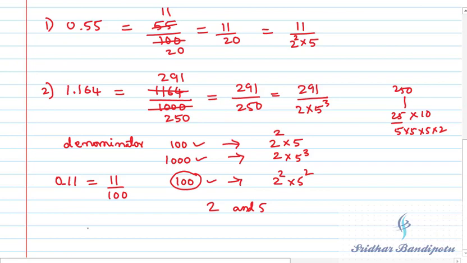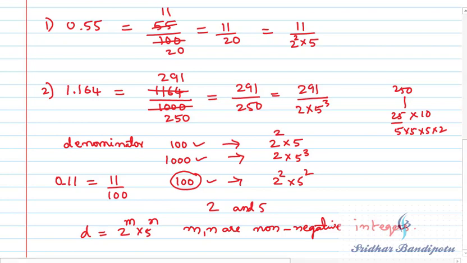Okay, so that's why we can write one condition here. If the denominator is in the form of 2 to the power of m into 5 to the power of n, where m and n are non-negative integers, then definitely the rational number has a terminating decimal expansion.